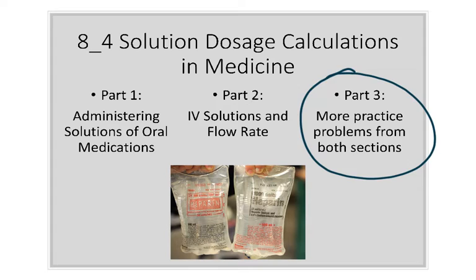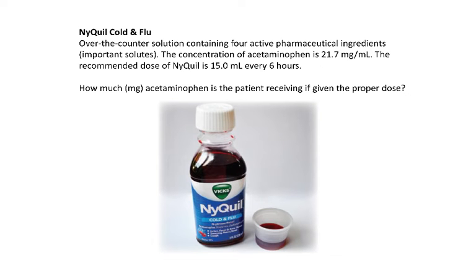yourself. So we're going to jump right into it and start looking at some problems given concentrations and some other piece of information. So number one, here's an example of NyQuil cold and flu. This is an over-the-counter solution containing 4 active pharmaceutical ingredients, which would be the important solutes in this medicine.